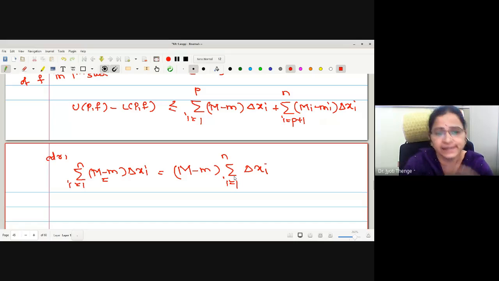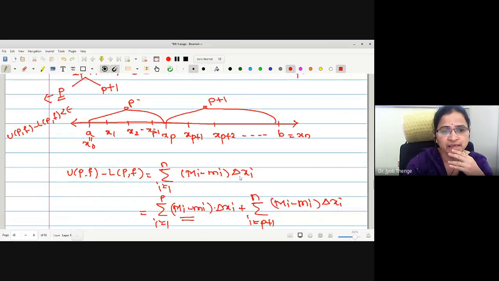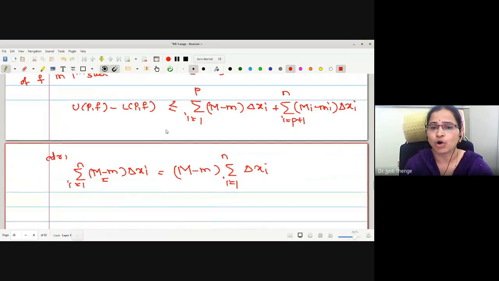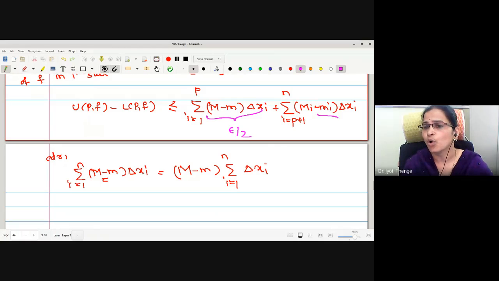Now, what is summation delta xi? It is the length of the first p subintervals. Now, the aim is to show that the contribution by this first sum is less than epsilon by 2, and the contribution by the second is also less than epsilon by 2.